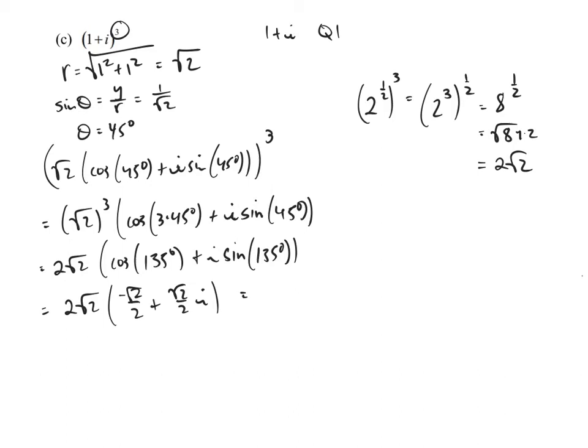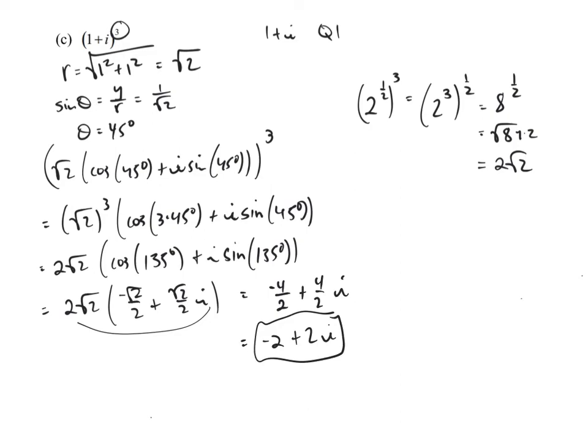So 2 times square root of 2 times square root of 2, the square root of 2's here are going to reduce to be 2, and then times 2 is 4. So this will be negative 4 divided by 2, which comes from the denominator here, and then plus 4 over 2i, since when we distribute this, it's just the exact same thing. And so this reduces to negative 2 plus 2i. And that would be our final answer.